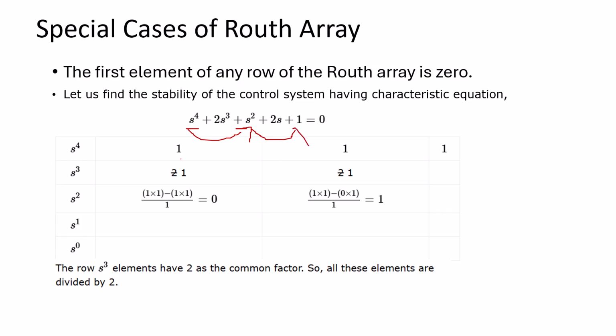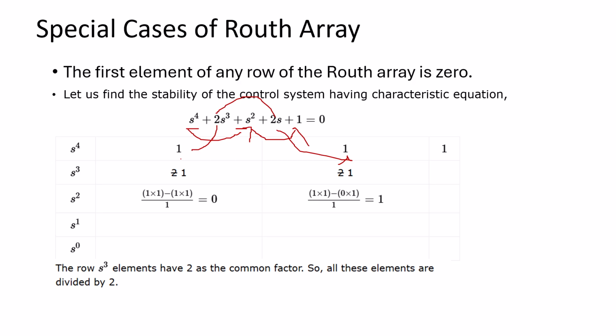Then we take the coefficients of s cube, which is 2, and here also we have 2. As both elements are 2, we take 2 common and make it 1, 1. So now we have constructed the first 2 rows of the Routh array.